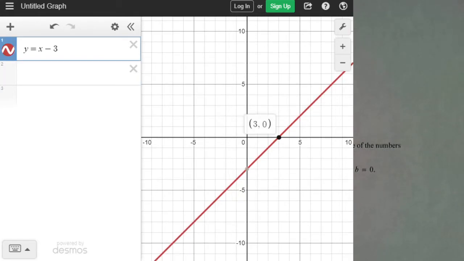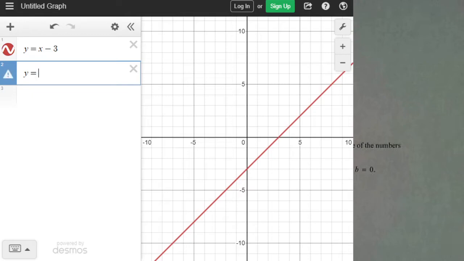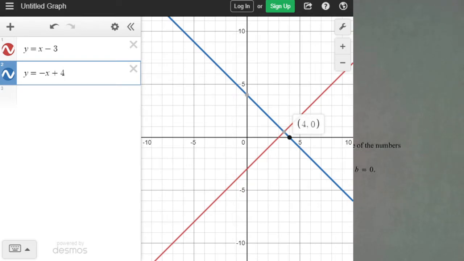We see that in several places. We could do another one, if we had y is equal to negative x plus 4, we solve for x. X would have to equal 4 in that equation for y to equal 0.